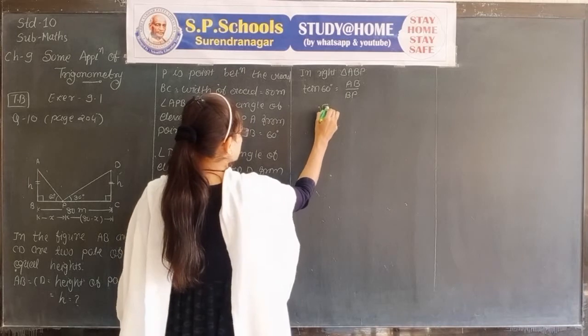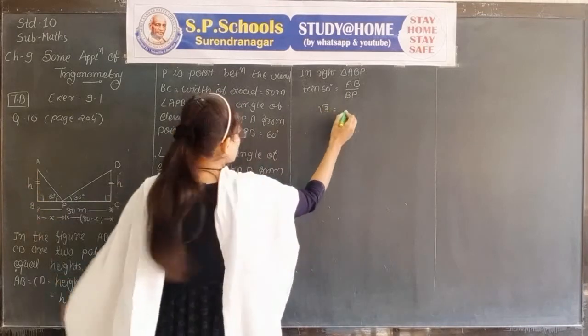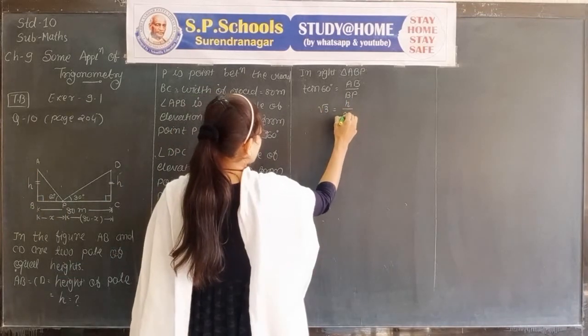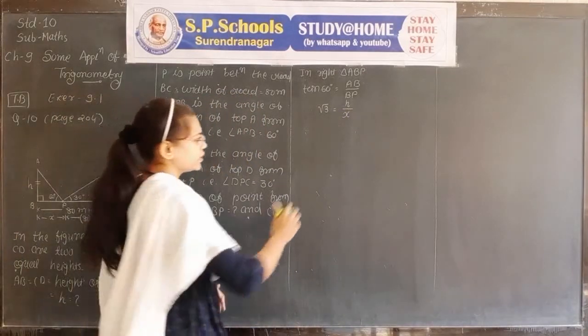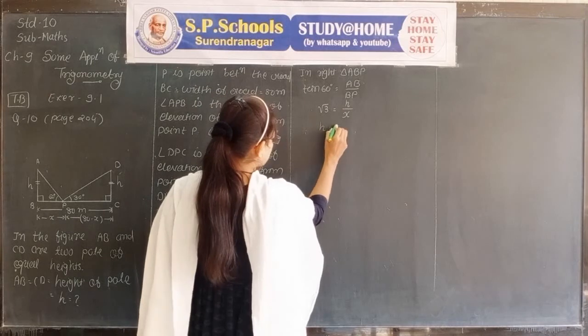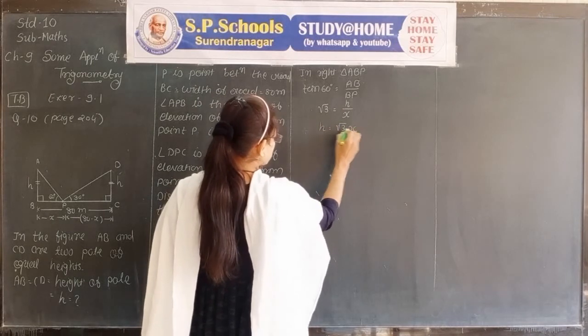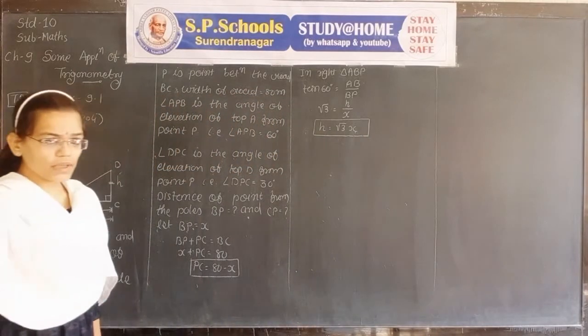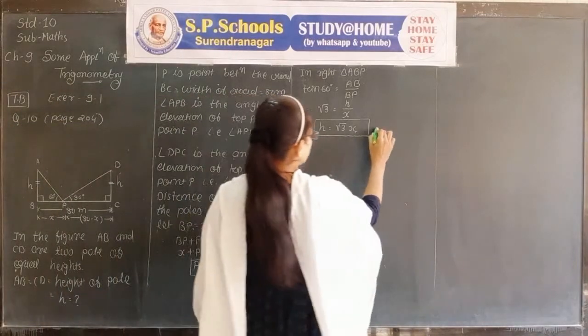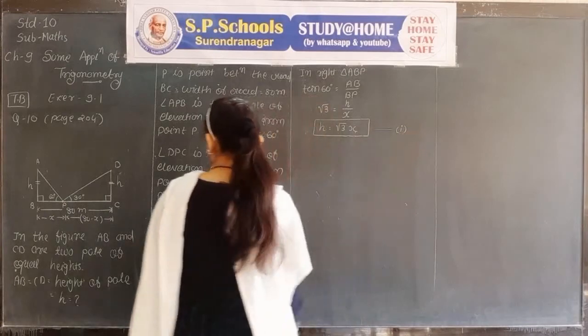Tan 60 is root 3, AB is equal to H and BP is equal to X. We need to find both H and X, so make H the subject. H is equal to root 3 X. Okay, it is our result number 1, relation between H and X.